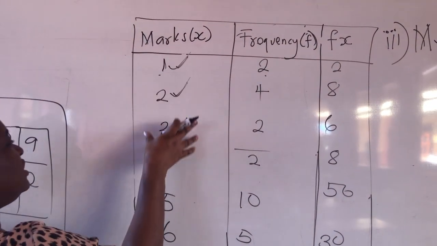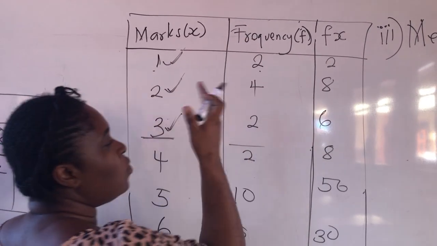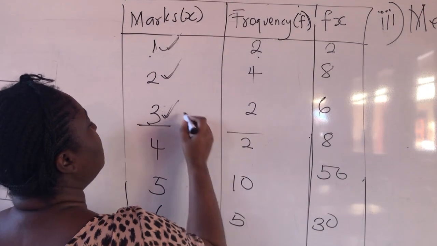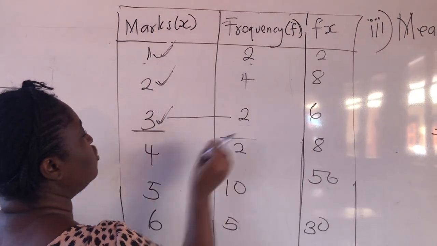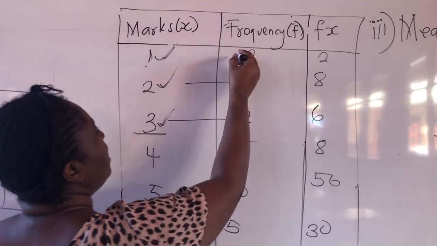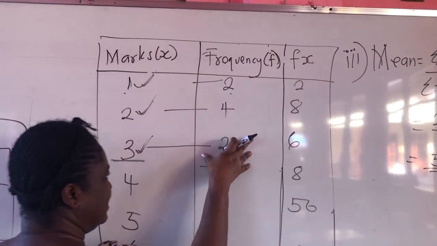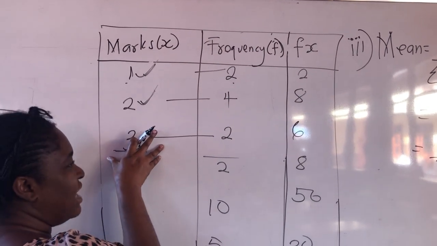Now, when you finish identifying the marks below 4, you come to the frequency. What are their frequencies? 2 people scored 3, 4 people scored 2, and 2 people scored 1. So now we are going to total the frequencies attached to the marks that failed.